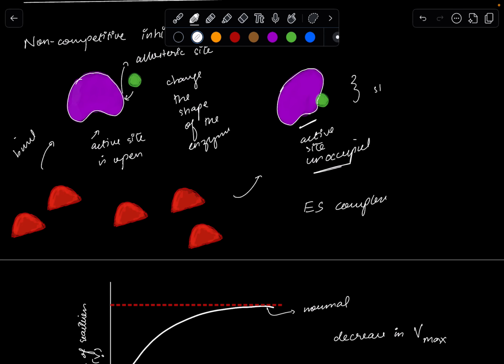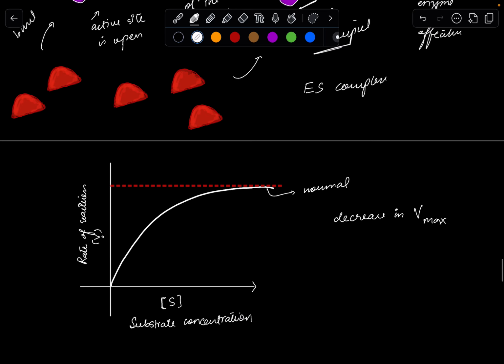This shape is altered. Even though the enzyme's active site is not occupied, because the shape is altered, the enzyme is less effective. And so less of the total enzymes will work the way they're supposed to work. So your Vmax will decrease.